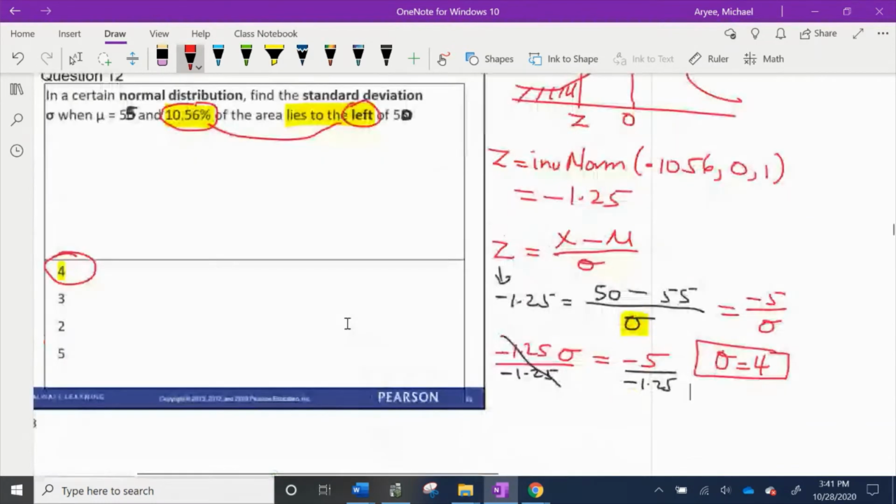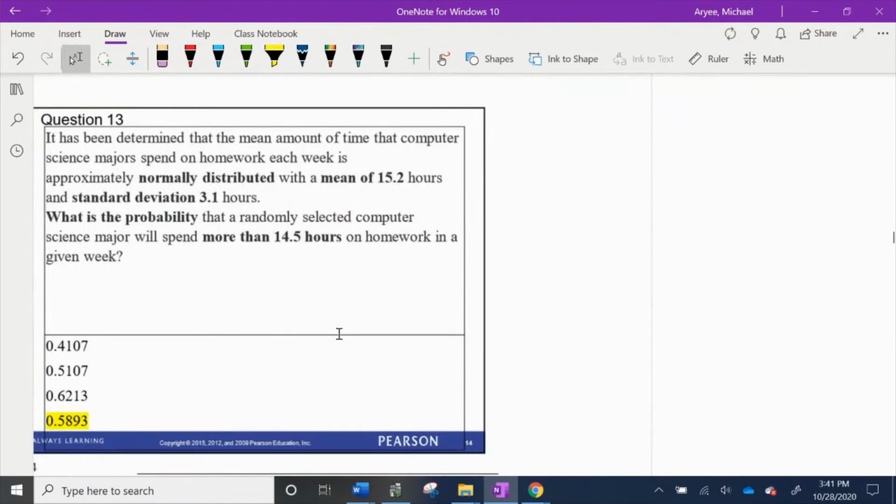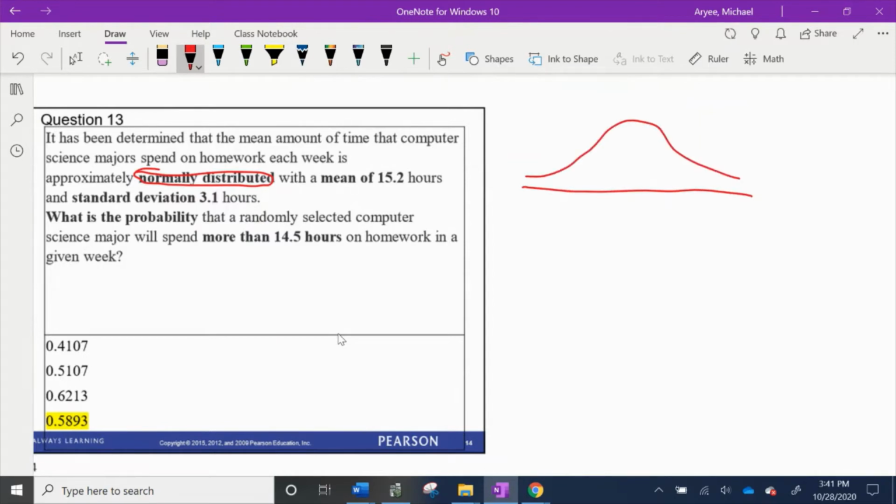Okay, now let's see another one. We're progressing really good. So here, this is a normal distribution question. They give you the mean, so this is one of the straightforward ones. And you're going to have a couple of them. The mean happens to be 15.2. It said more than 14.5, so 14.5 comes before 15.2.